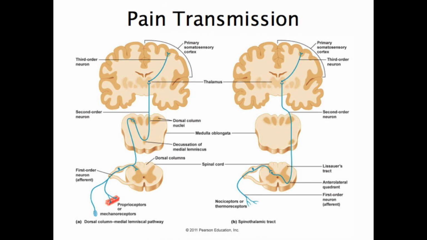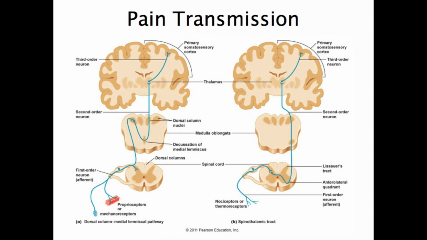In the case of touch, those axons go up to the brainstem on the same side as the stimulus, synapse on a new neuron. That one sends an axon that crosses over to the other side to the thalamus, which is a part of the brain that serves kind of as a relay between the cortex and the lower brain structures and spinal cord.